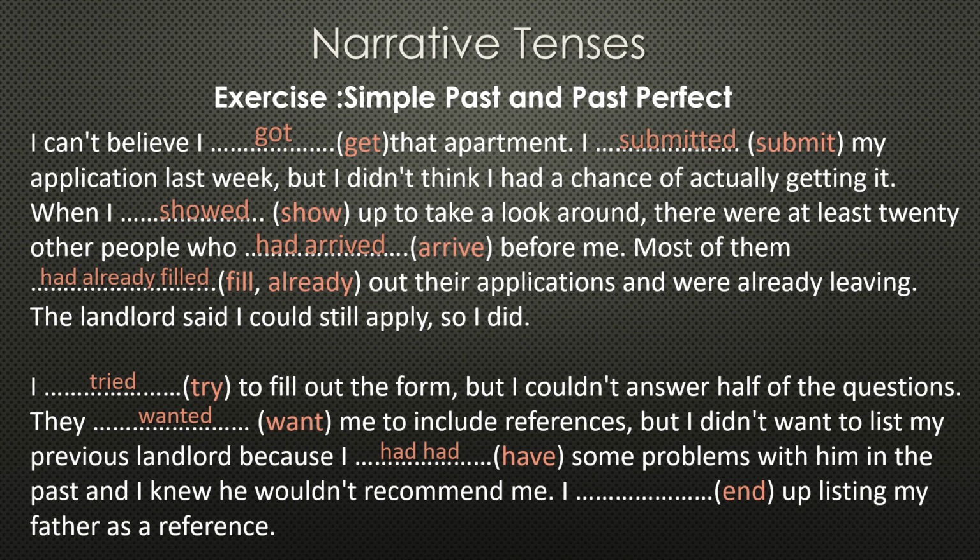So before I knew, which is simple past, one action happened. What was that? The problem that he had with his landlord. That's why he uses past perfect. I had had some problems with him in the past, and I knew he wouldn't recommend me. I ended up listing my father as a reference.